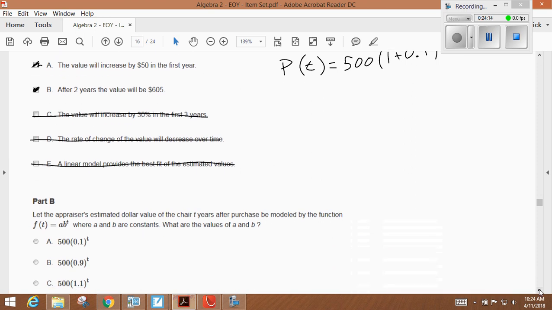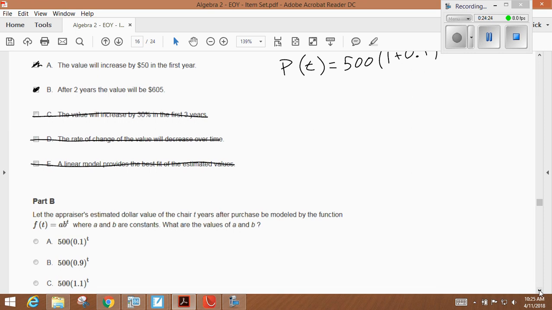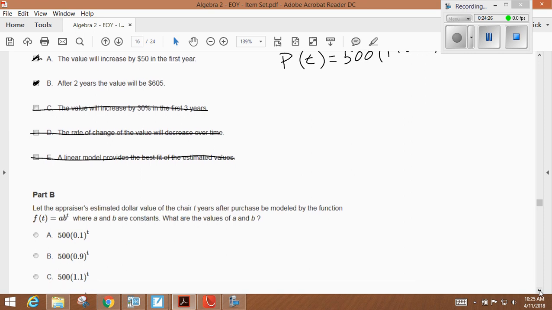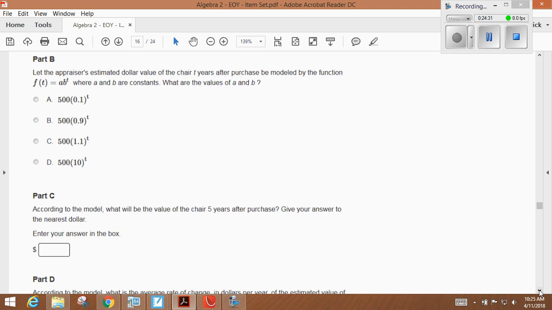The appraisers, I need this formula stuff. Hey, we've already answered this question too. Right? It is going to be C. We made the formula already. Right.